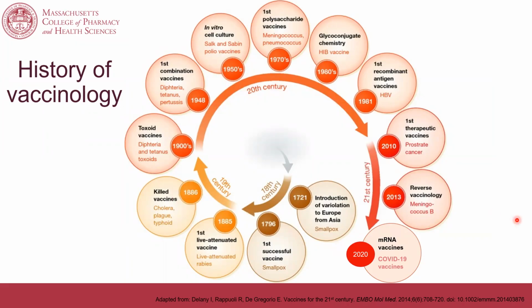And what's really interesting is that over time, when you look through the development of these vaccines, you can actually see and pinpoint that these vaccines were developed based off of scientific discoveries. And so, for example, the germ theory that was discovered in the 1860s, right? So right here, that led to the establishment of live attenuated vaccines.